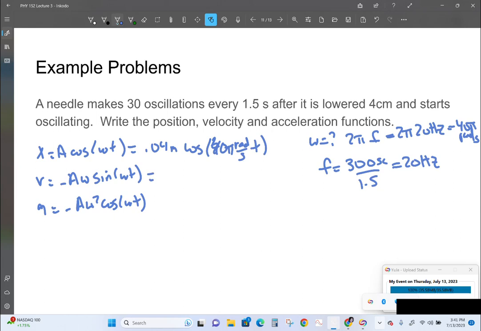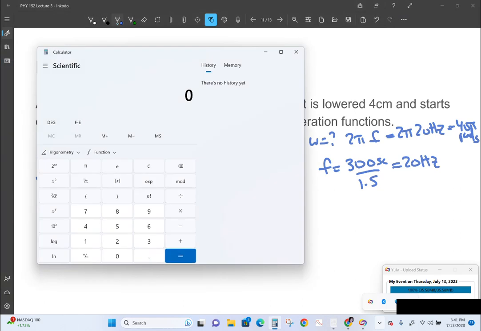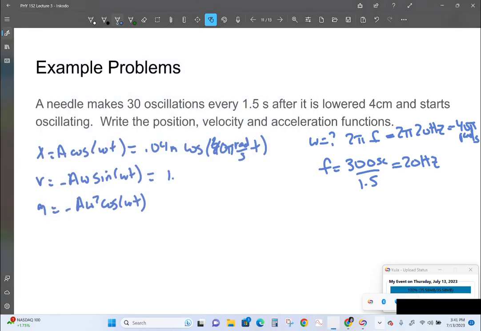And then this is going to be 0.04 times 40. 1.6, so 1.6 pi radians per second times the sine of 40 pi radians per second times t, and it's negative.